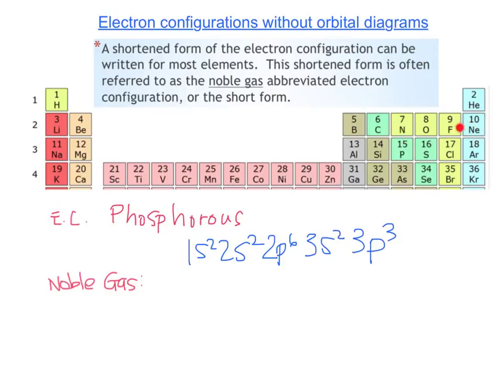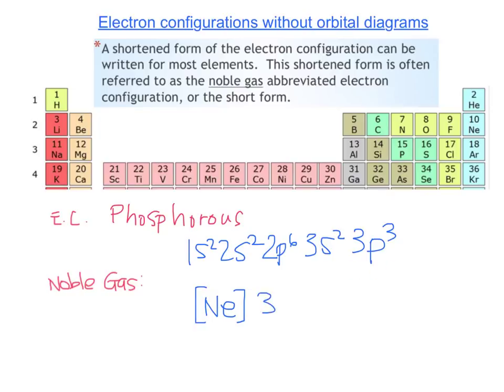That is going to be neon. Neon has 10 electrons, so I'm going to count up 10 electrons here: 2, 4, 10. Neon represents these 10 electrons, so I'm going to write neon in brackets, replace these 10 electrons, and then write the rest of it out.